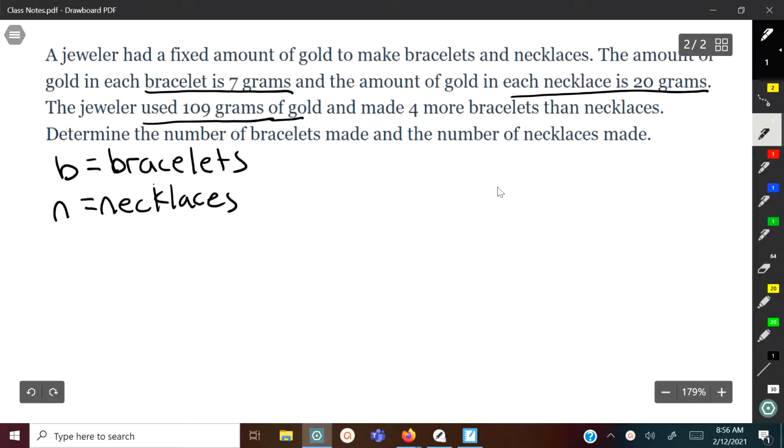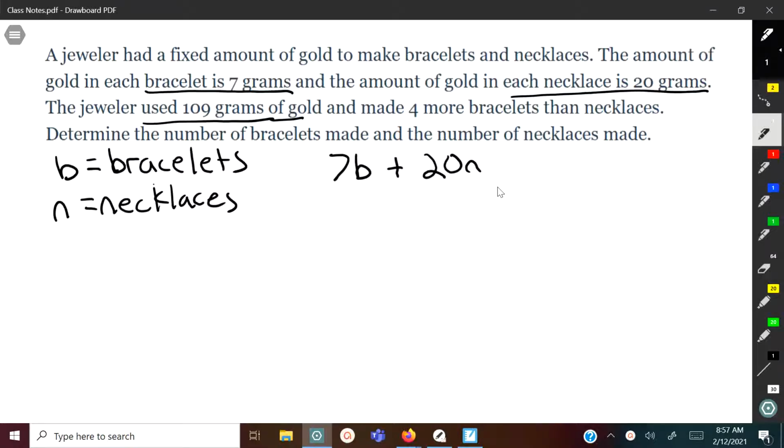So I can multiply the bracelets times 7, plus 20 times however many necklaces, and it's equal to 109 as far as the number of grams of gold. So that's one equation.